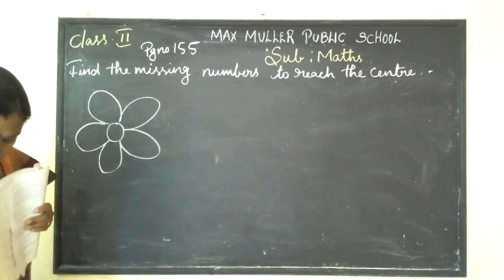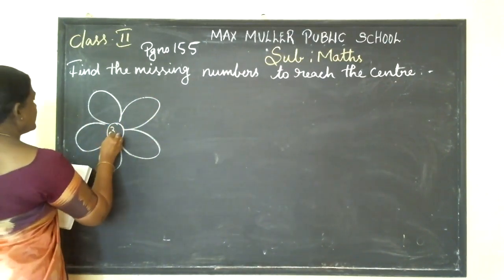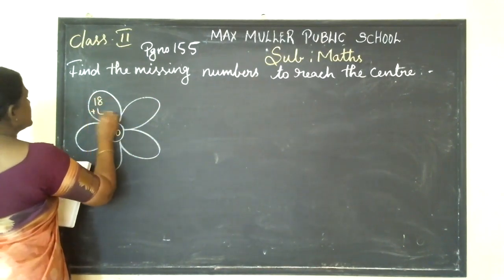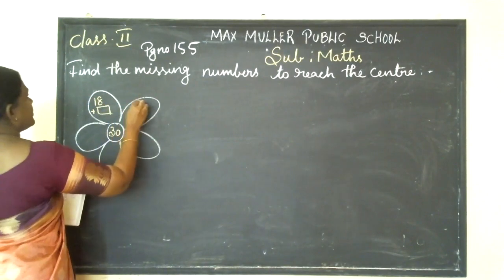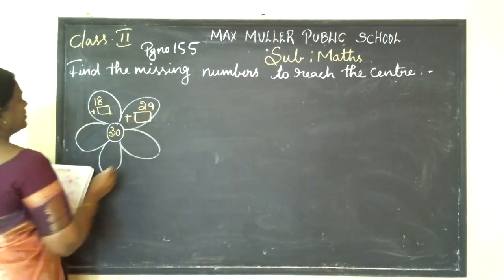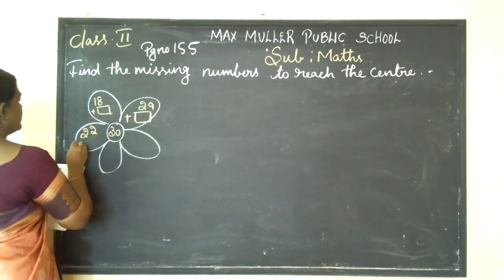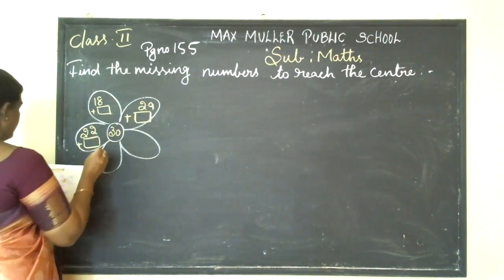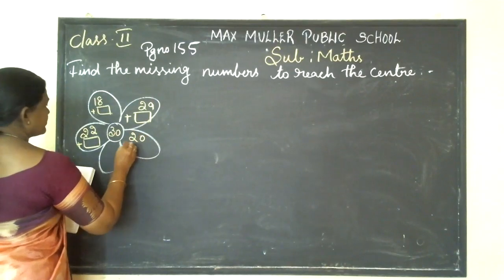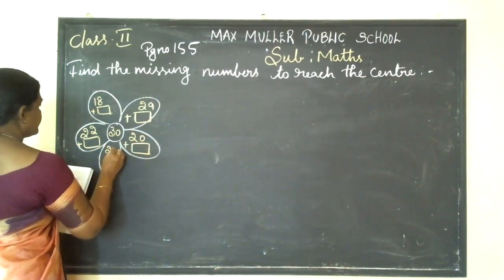First one, in the center, which number is there? 30. Around it: 18, 29, 22, 20, 25.